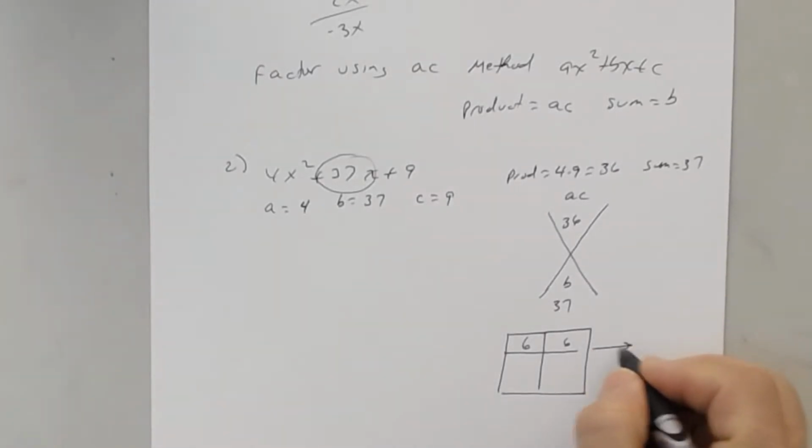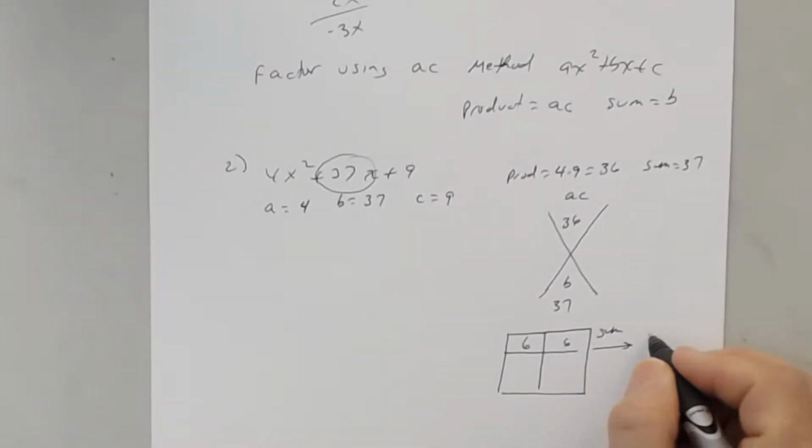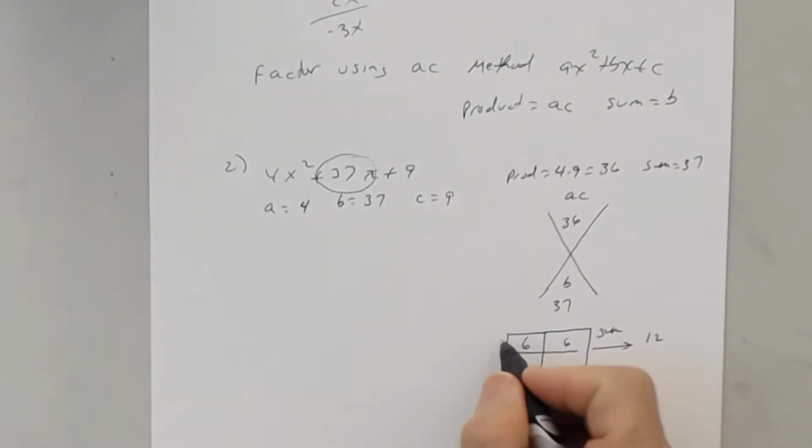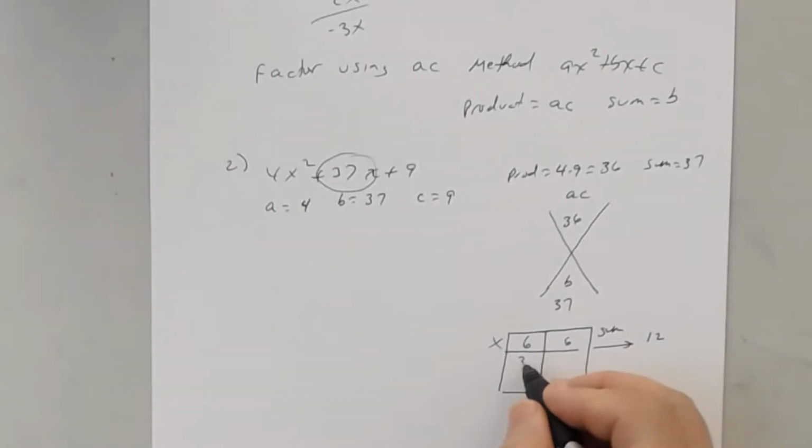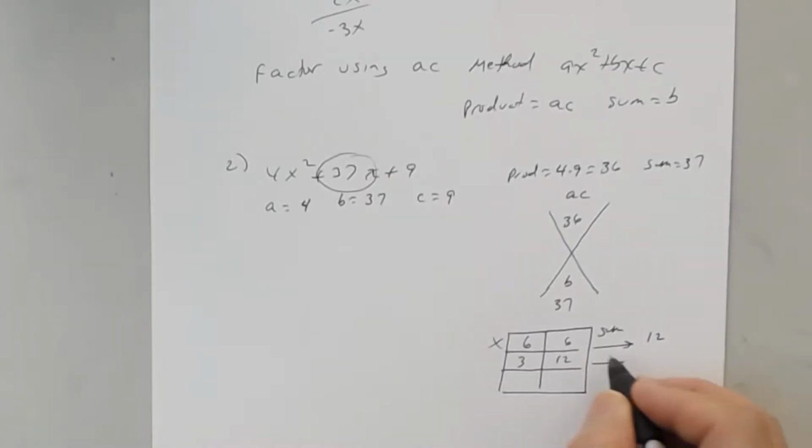And when I add them up, the sum is 12. Is that what I wanted? No. So that's not going to be the one I'm going to use. You may say, all right, I'm going to try 3 times 12. What's 3 times 12? 36, but what's the sum? 15. So that's not going to work.